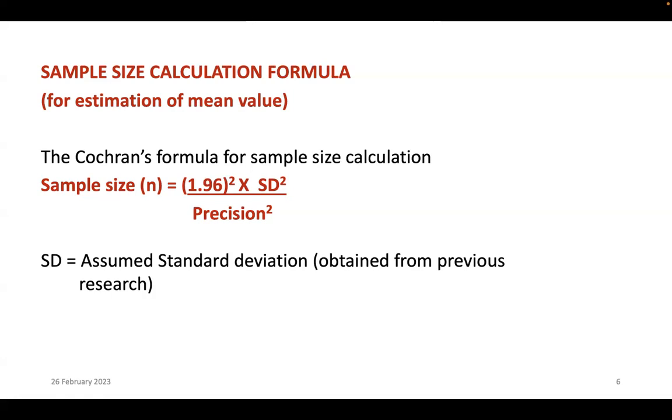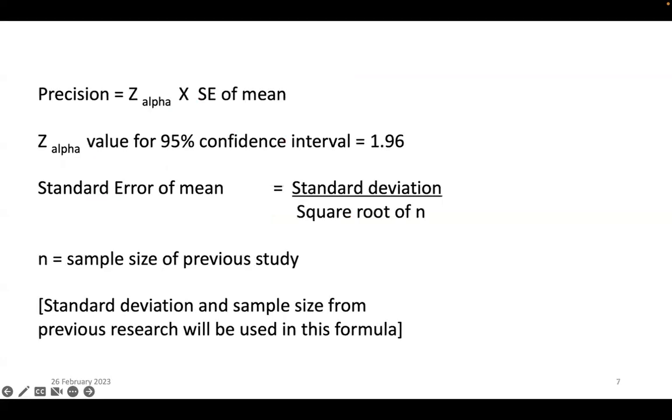So sample size will be 1.96 squared. 1.96 is the Z alpha value. Another name for Z alpha value is standard normal variate. Okay, the Z alpha value is otherwise known as standard normal variate.